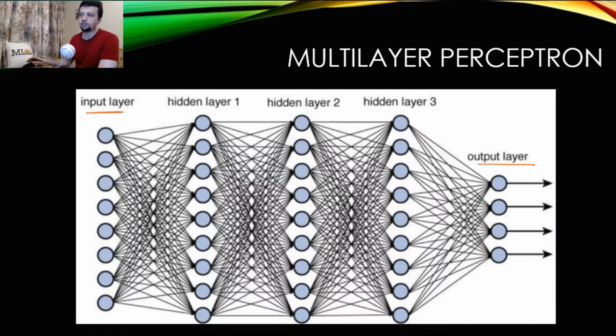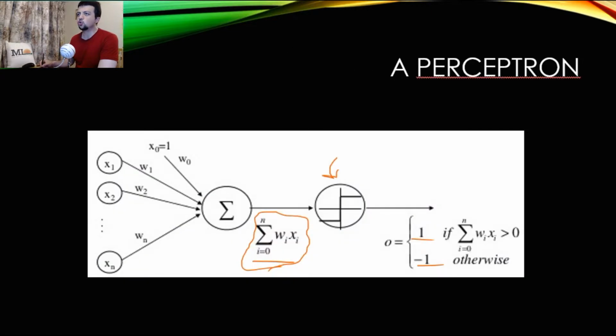Now, we've seen already that in a simple perceptron, we've used this thresholding unit, and if you notice here, you've got +1 and you've got -1, and in between we haven't defined what happens there, right?